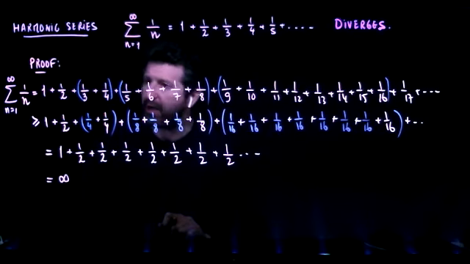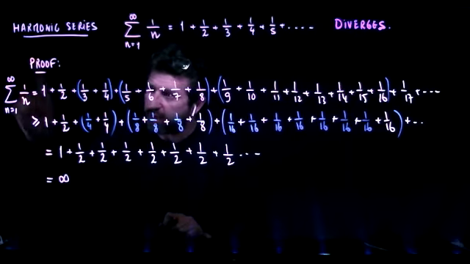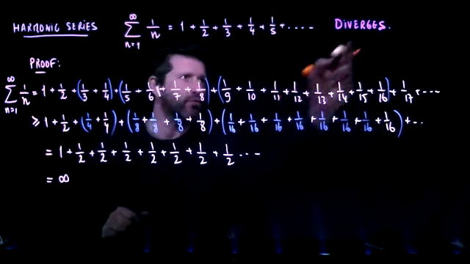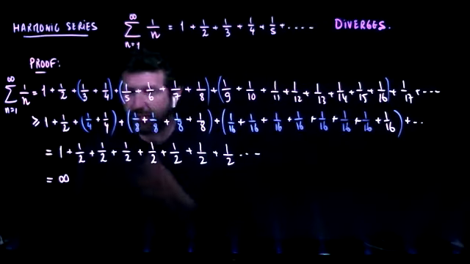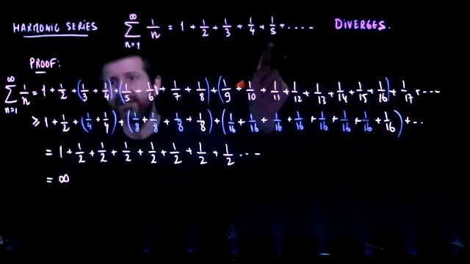And therefore, I just showed that the sum of the harmonic series, the sum from 1 to infinity of 1 over n, is greater than or equal to infinity, so it has to diverge. You understand? There's no number that I cannot reach with this series.